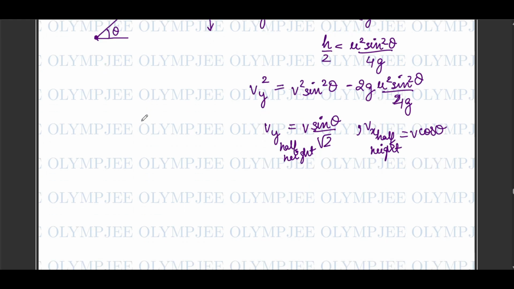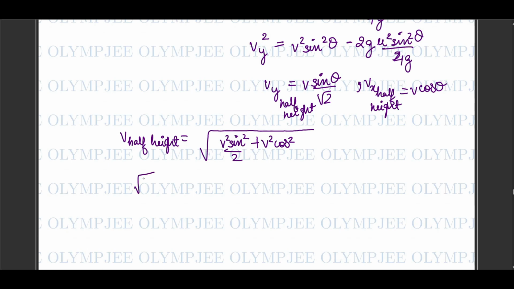So the magnitude of velocity at half height is given by v square sine square by 2 plus v square cos square, and we are given that this is root 0.4 times of the velocity at maximum height, which is v cos theta.